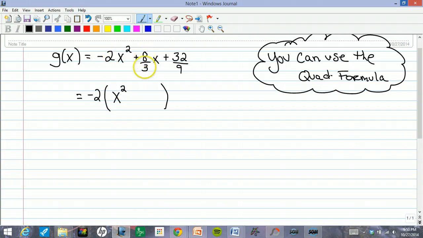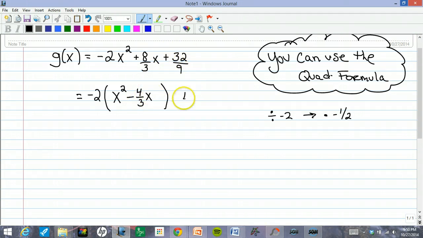And then 8 thirds divided by negative 2. Remember that dividing by negative 2 is the same as multiplying by negative 1/2, the reciprocal, which is not so bad. This middle term becomes negative 4 thirds x.